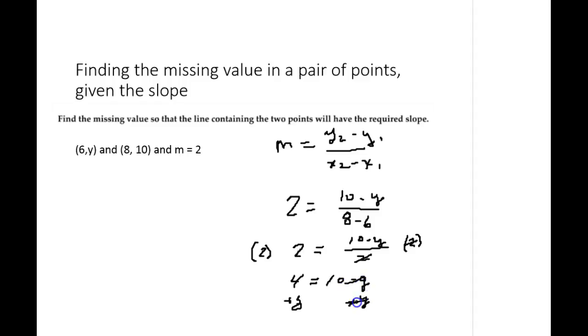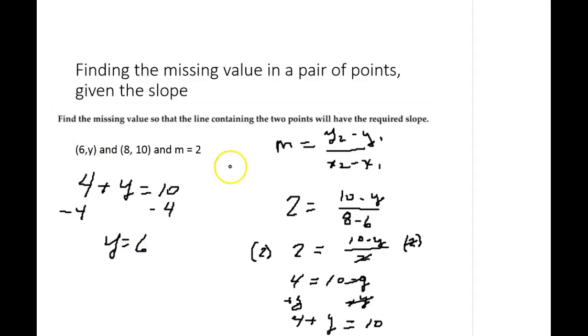Make that variable positive. I get 4 plus y equals 10. Now I'm going to subtract 4 from each side. 4 plus y equals 10. Subtract 4, subtract 4, y equals 6.